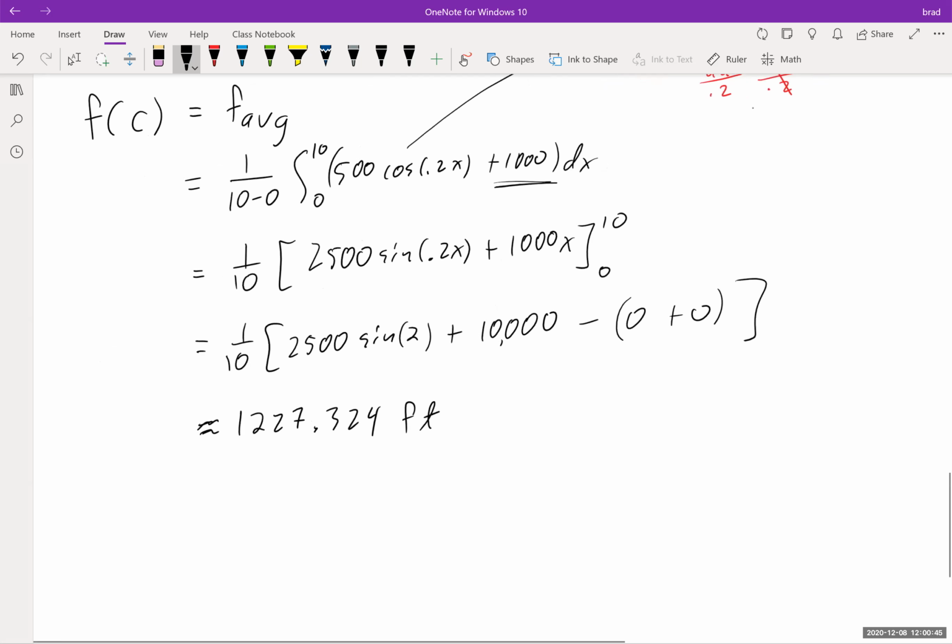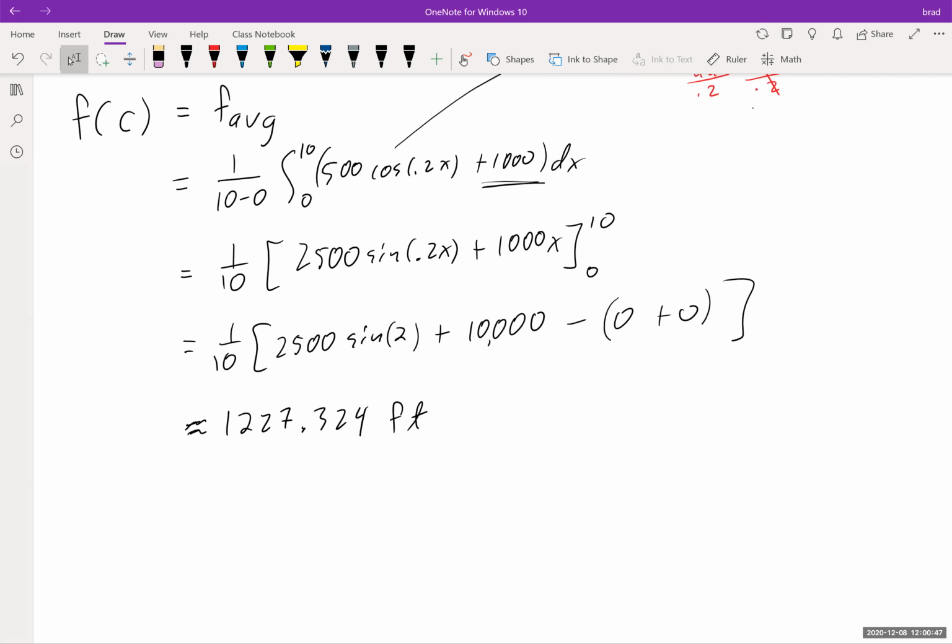So your average elevation was approximately 1,227 feet if you wanted to round off to the nearest foot. And that was our average elevation over this first 10 miles.